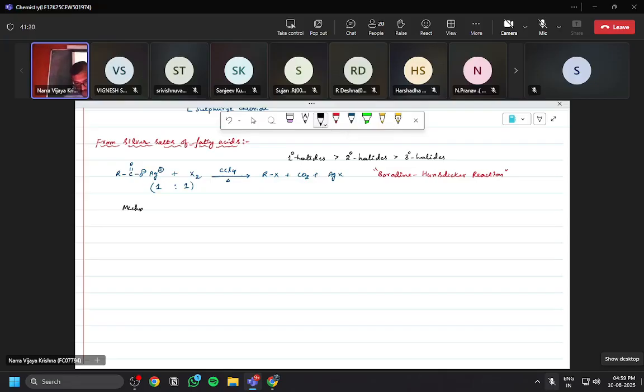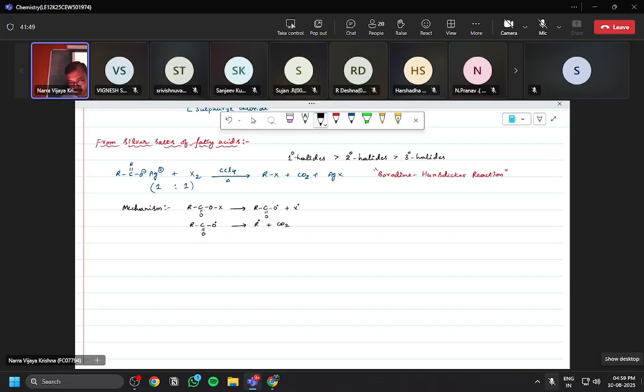So I will write that same mechanism also. Mechanism: formation of RCOOX, the bond breaks down to form RCOO radical and X radical. Correct? Next step, RCOO radical gives rise to R radical plus CO2.